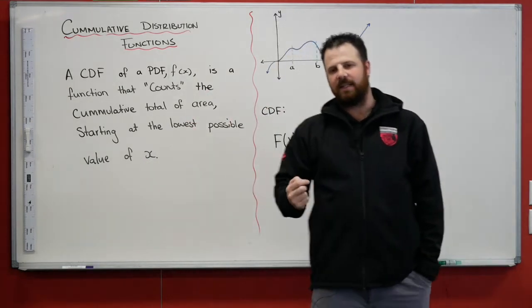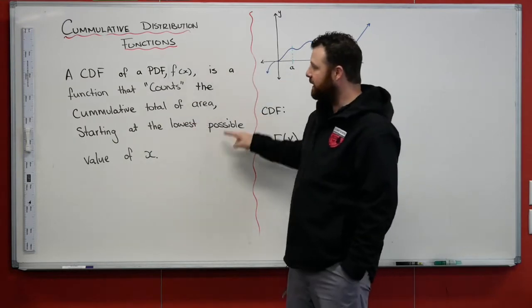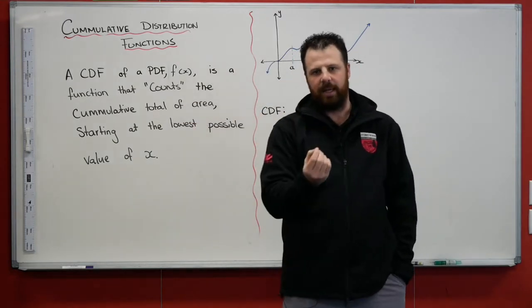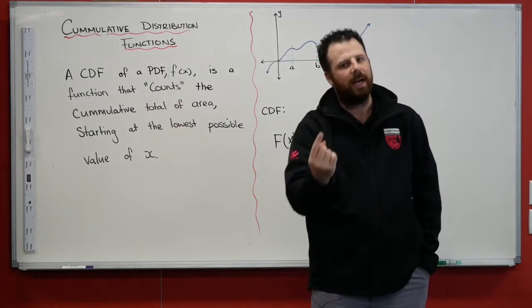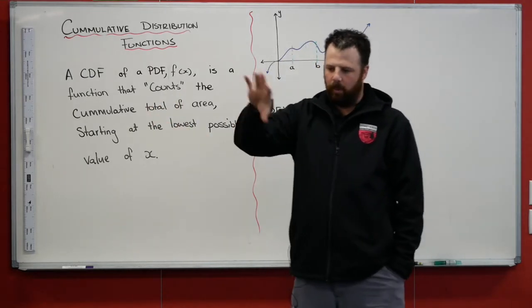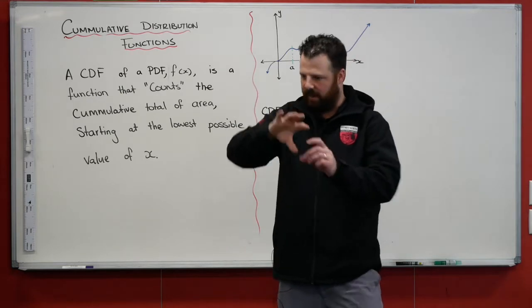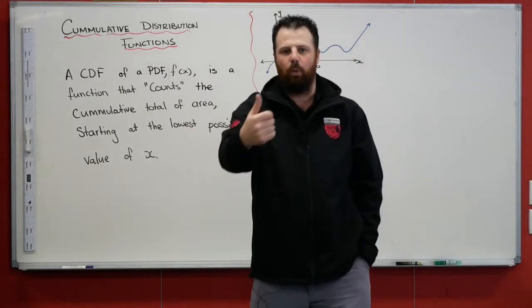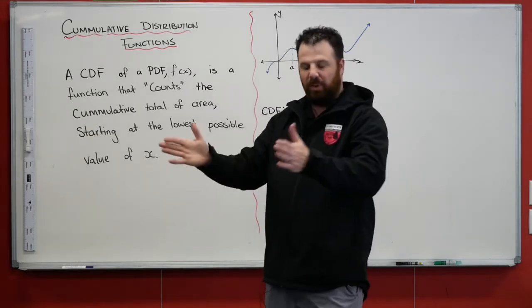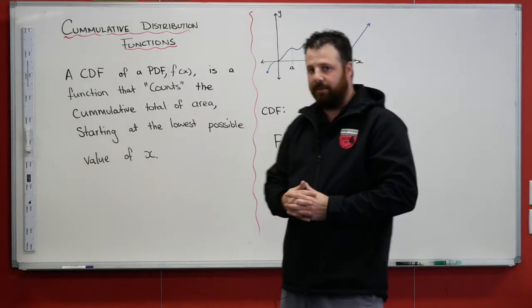So when we are finding a CDF, the whole idea is we're not finding a single answer. We're not integrating an area under a curve to get a single value. What we want to do is estimate the area under the curve given any x value that we want to use that was within the range of our PDF.